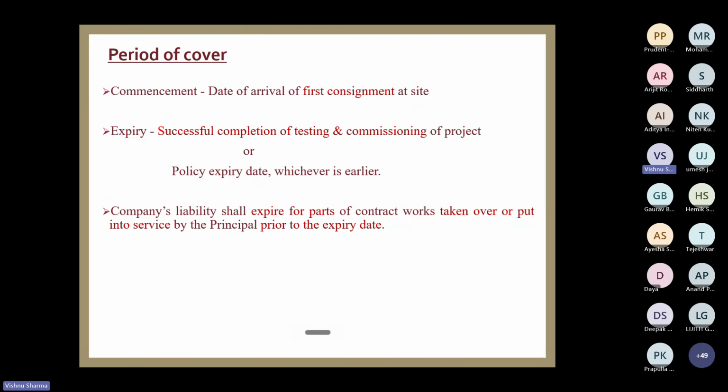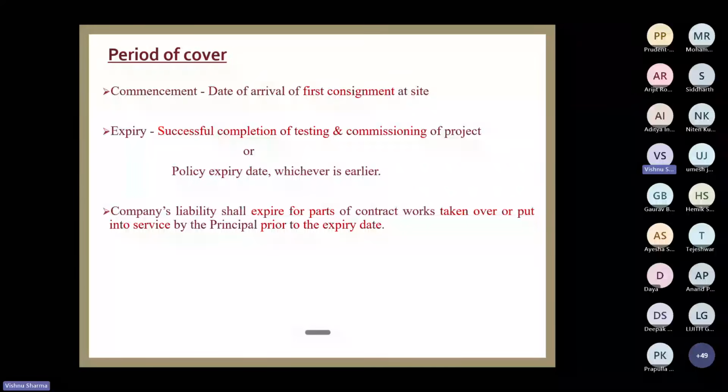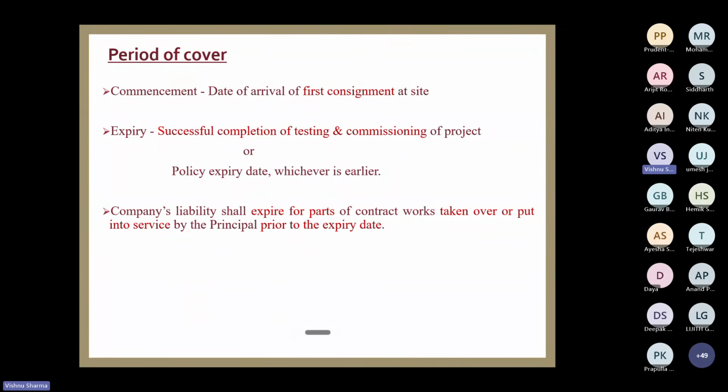But still, he will say, I will generate power and start generating money. In that case, the moment he starts using the gas turbine for commercial purpose, that means testing is done, it is commissioned, and it is handed over to the principal. So it goes out of the purview of the ER policy. There is no loss, and the client is supposed to take an operational policy for that.